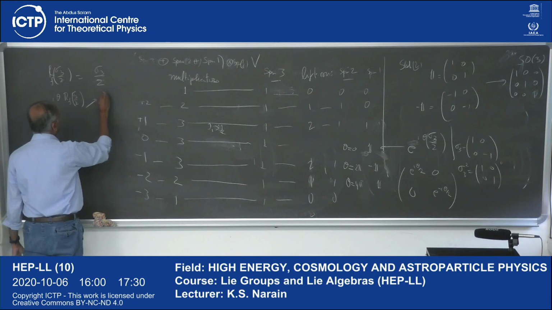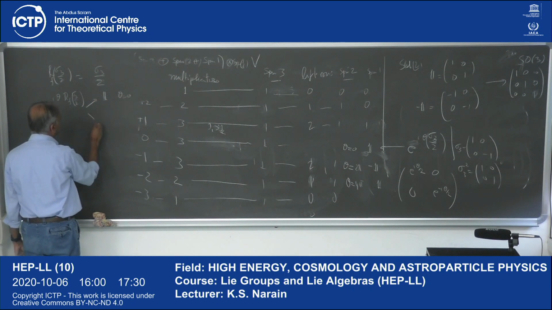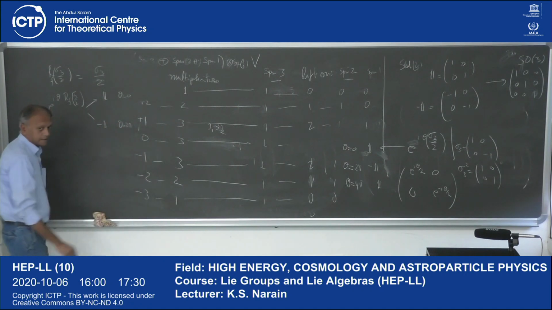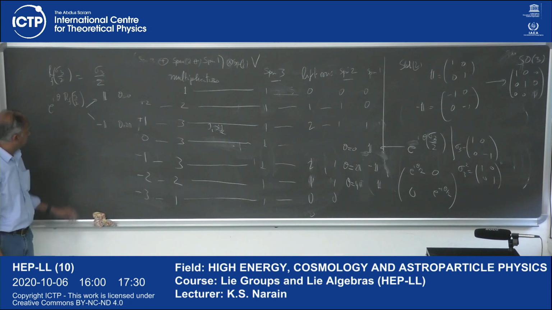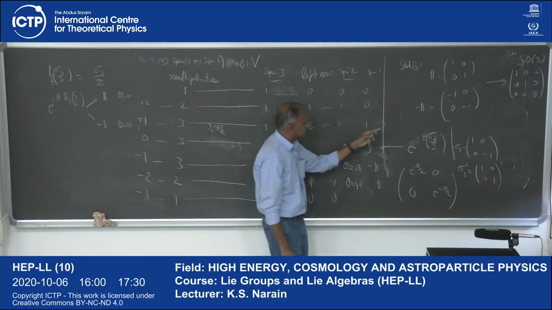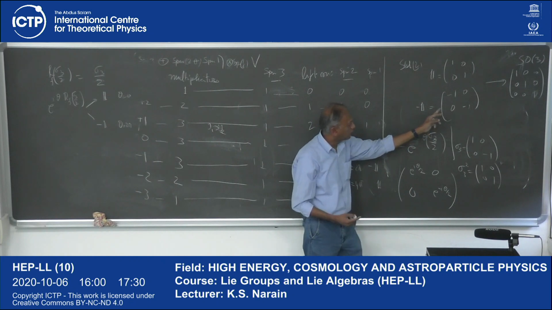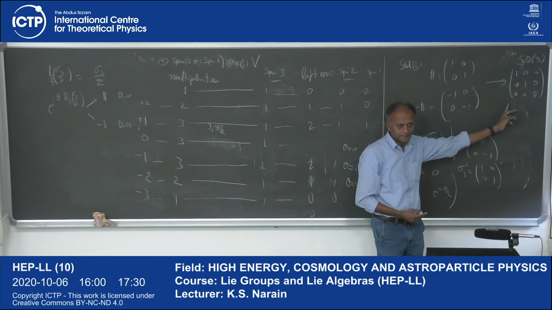It is identity for theta equal to 0 and minus identity for theta equal to 2 pi. So you see that on the spin half representation, these two elements are not acting as identity. This one acts as 1, this one acts as minus 1. So it cannot be a representation of SO3.